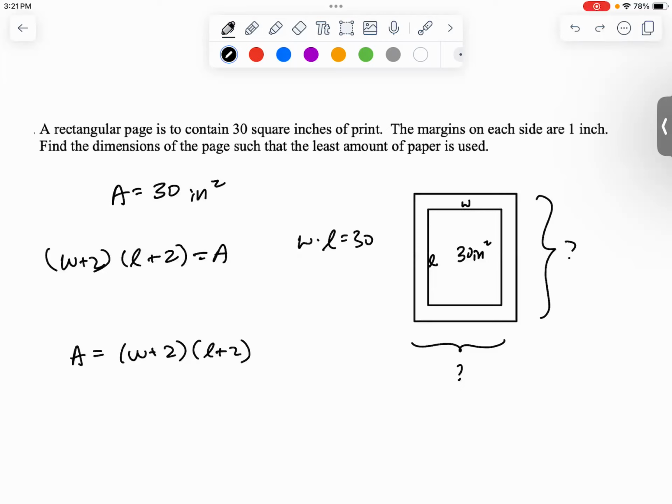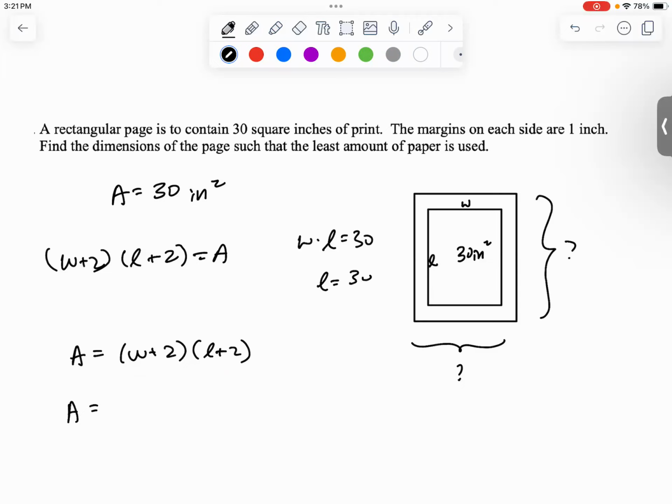Dilemma. What's the dilemma right here? We got two variables. And we say, that's no bueno. So how can we not have two variables for this function A? Well, you know what?